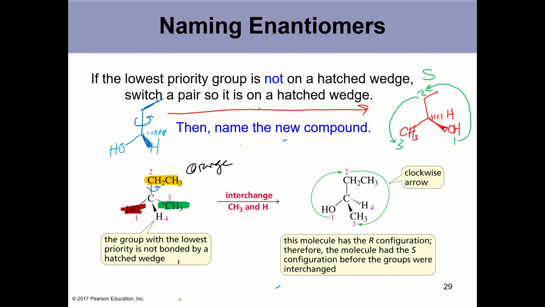So this is the enantiomer R, but because it resulted from the exchange of two groups, I can say that the original was S. Whichever of these two methods works best for you is the method that I recommend.